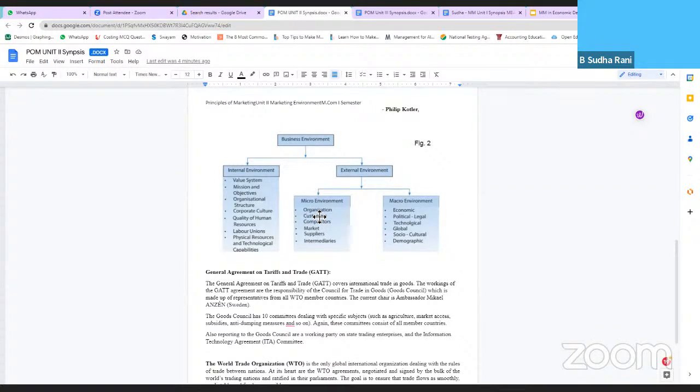That is the reason why the internal environment is under the control of the organization. It consists of vision and mission, objectives of the organization, value system of the organization, organizational structure, and physical and technical resources capability. All these are in the organization's hands only.